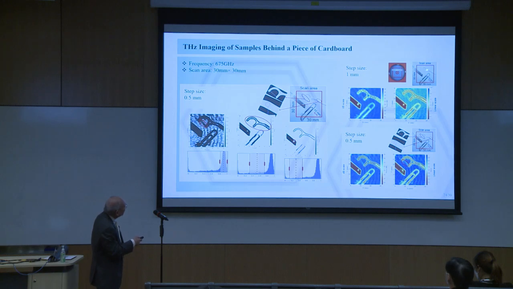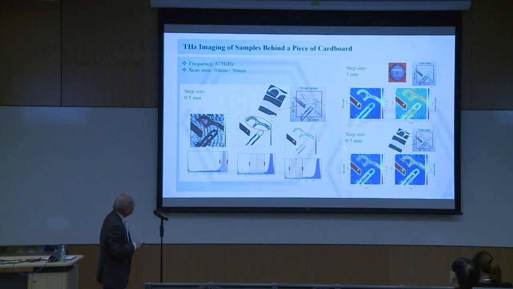And so we also make use of the THz imaging of other samples. This is the dental floss, paper clip, and the knife. And then they are mounted on a thick cardboard paper, and then we do the imaging. The spatial resolution is 1 millimeter, and this one is 0.5 millimeter. For this dental floss, maybe you cannot see it very clearly, but there's some indentation here.